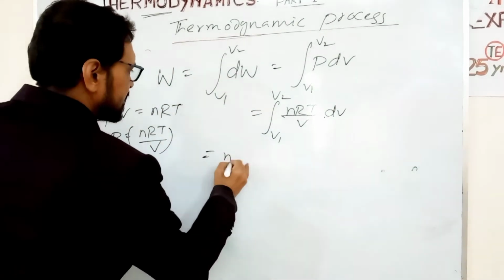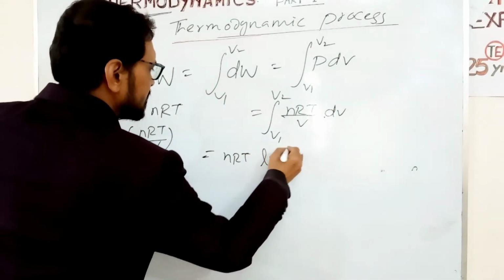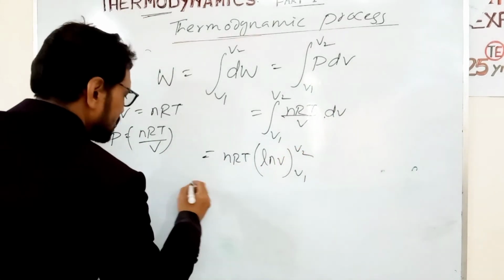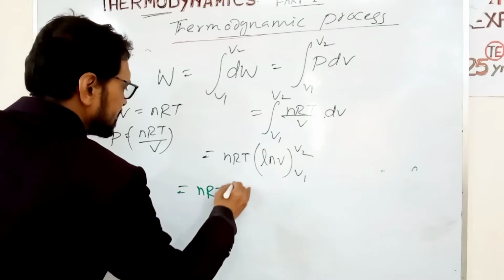So this will be nRT ln V from V1 to V2. So this will be nRT ln V2 by V1.